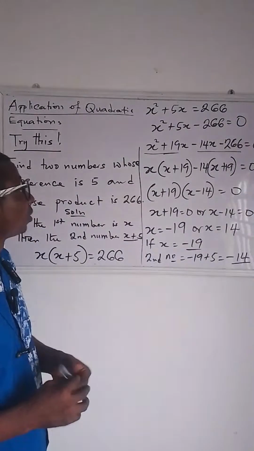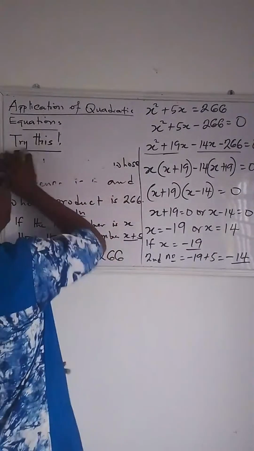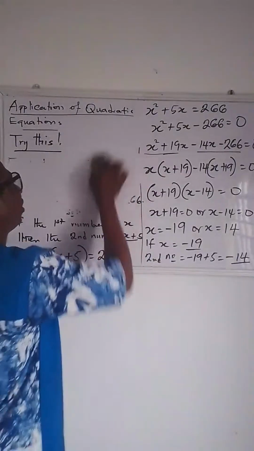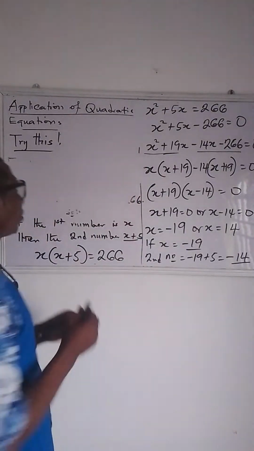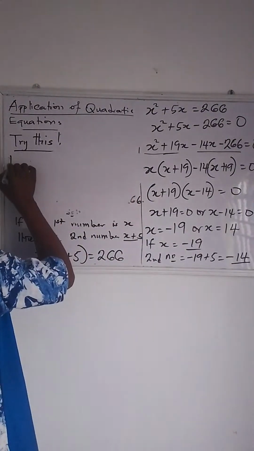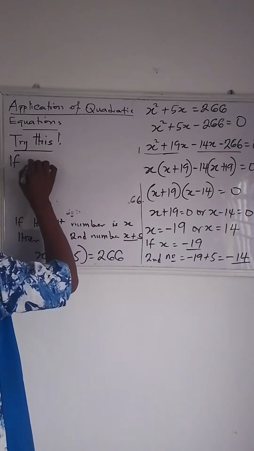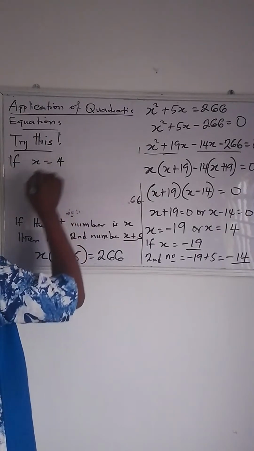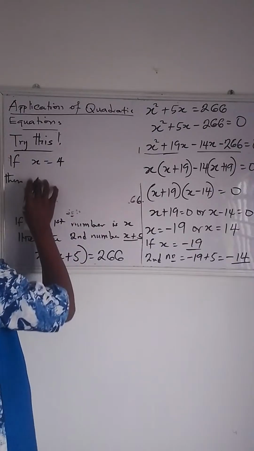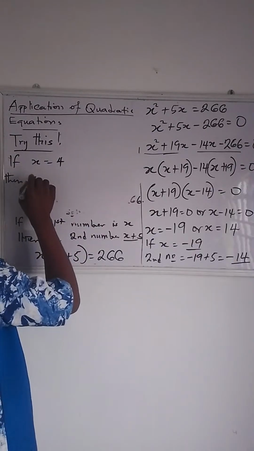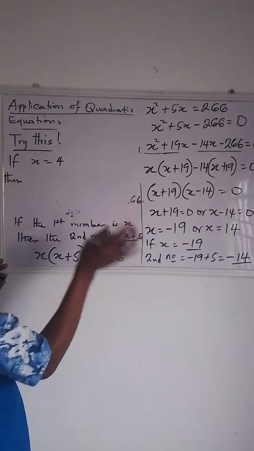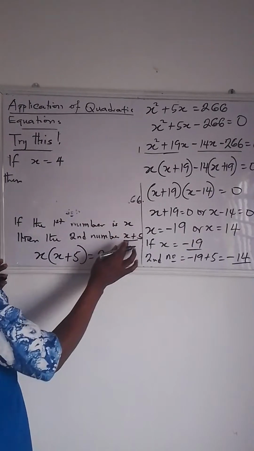Now the other one. If x equals 14, then the other number, the second number, is going to be x plus 5.